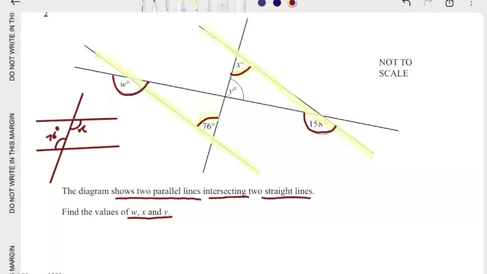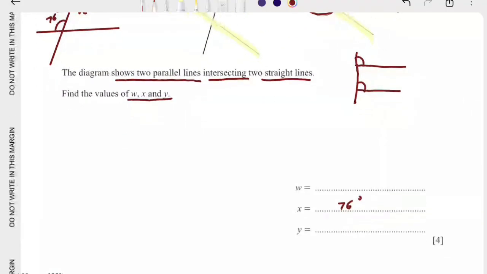And mostly it is forming an F shape. Look here, students. This is F, English alphabet. This angle is same like this angle. So these are corresponding angles. So this angle 158 is equal to w. That is also 158.